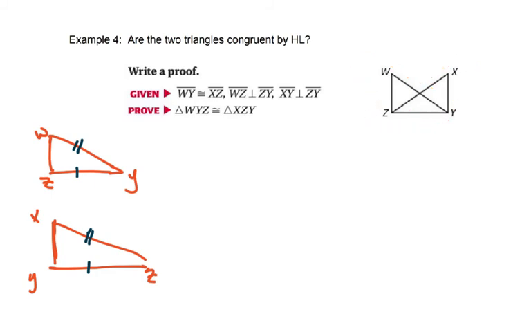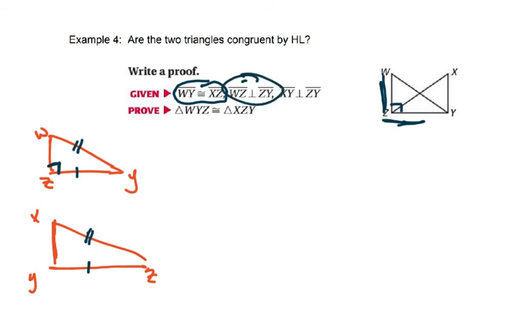I've already used that, put the markings on. I need to put markings on, but I didn't need to be given that. We know that's the same. Then they tell us, okay, WZ and ZY are perpendicular. So WZY, that's a right angle.